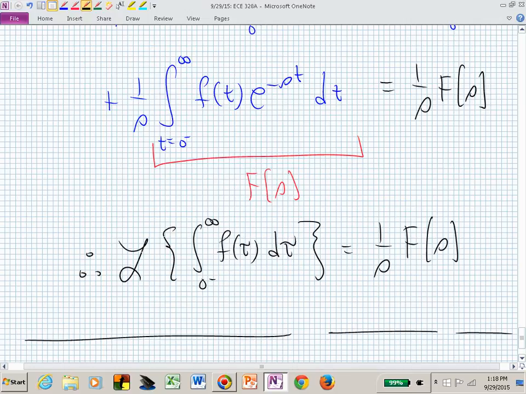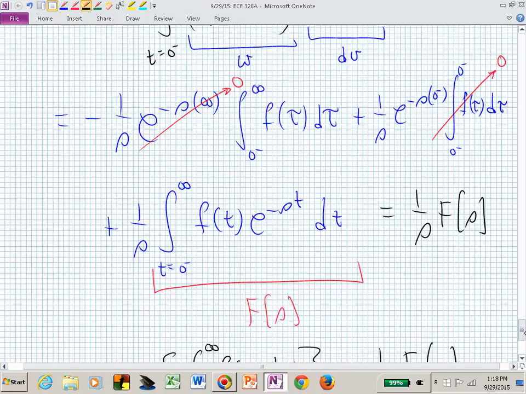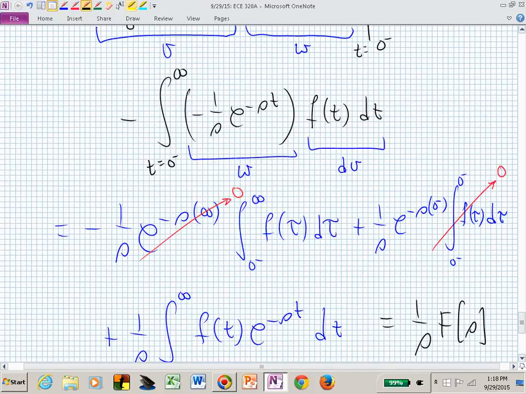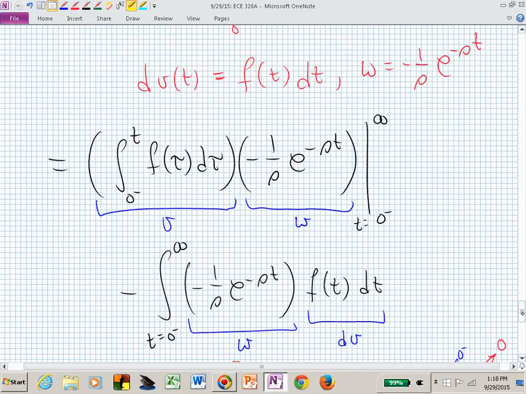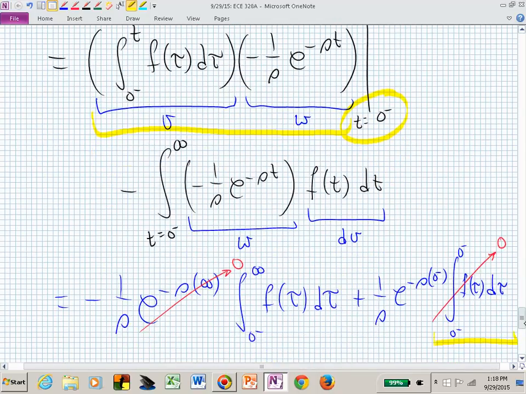Yes? Where did I get the bounds? I think you're referring to this piece. This is this evaluated at the lower limit, t equals 0 minus. The first piece was evaluating at the upper limit, infinity.